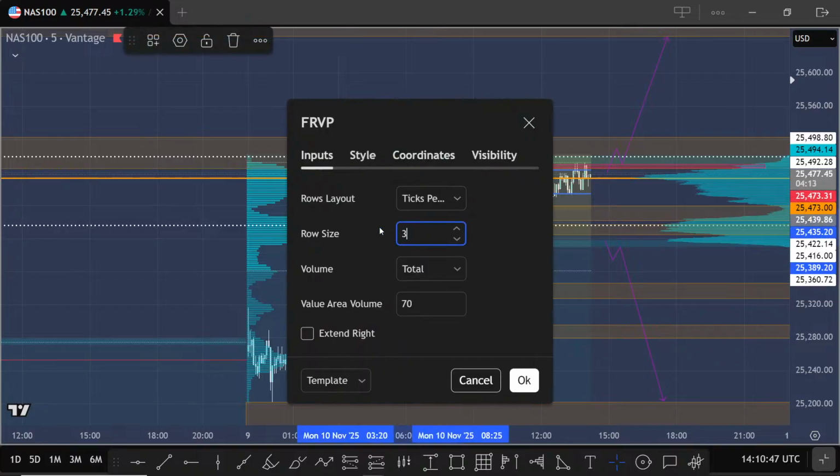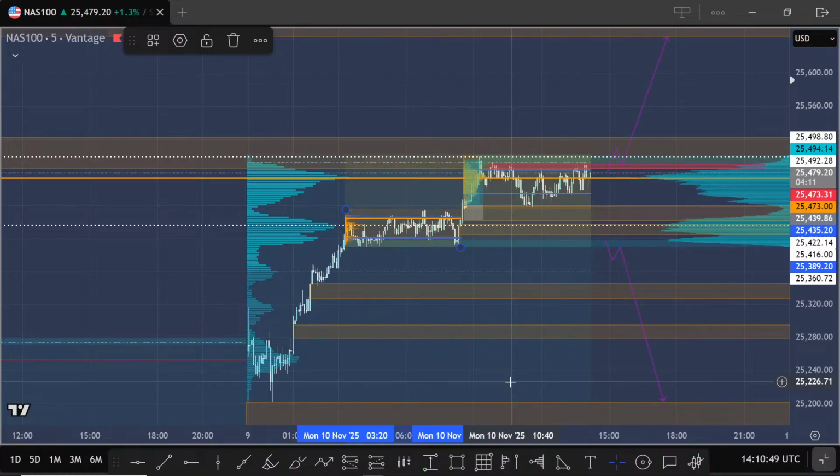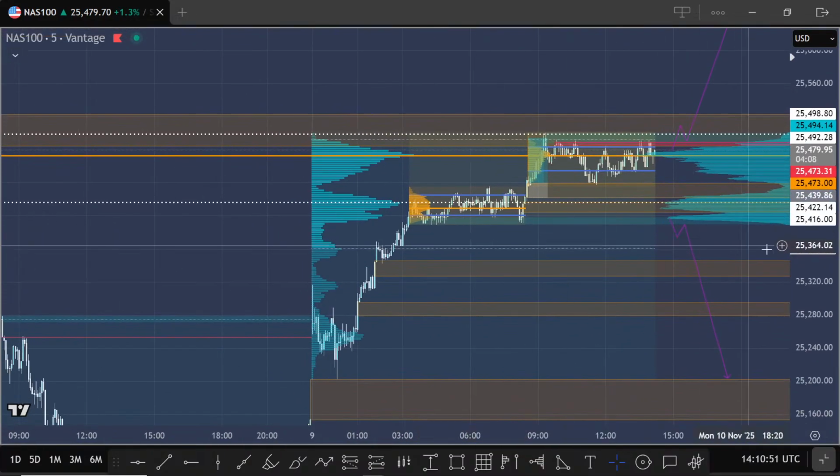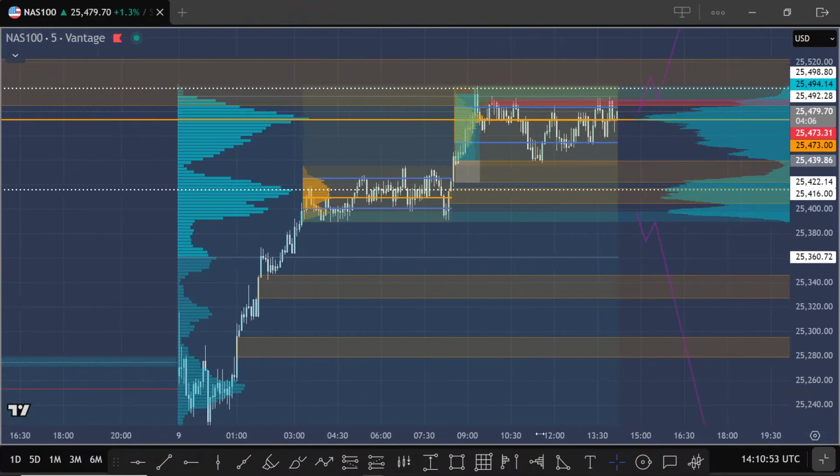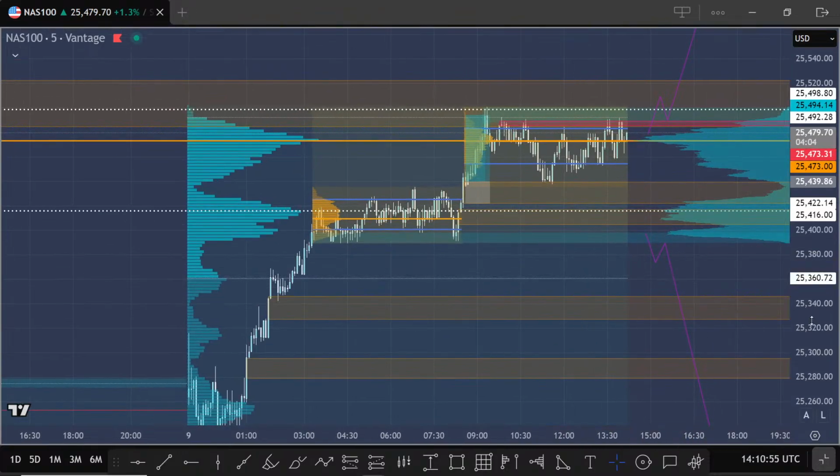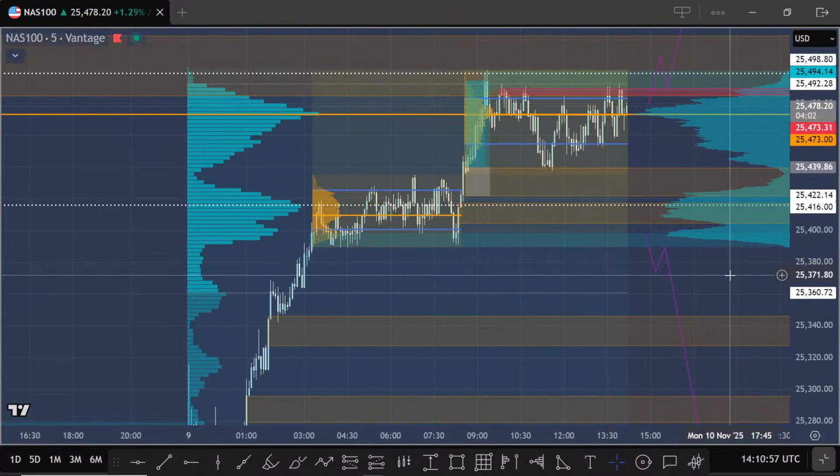Having said that, that's better. Yeah, we've got two little ranges with a low volume node in the middle.